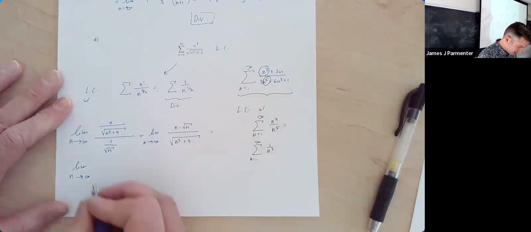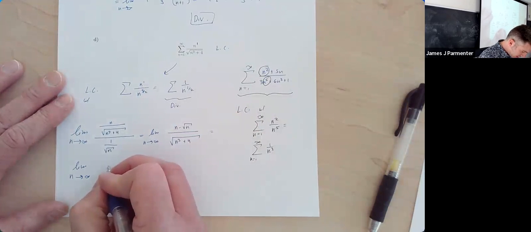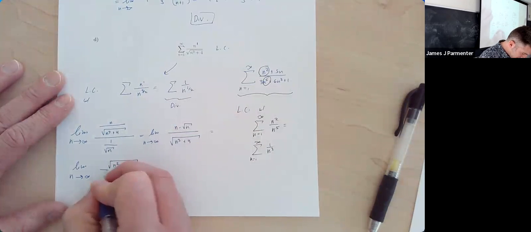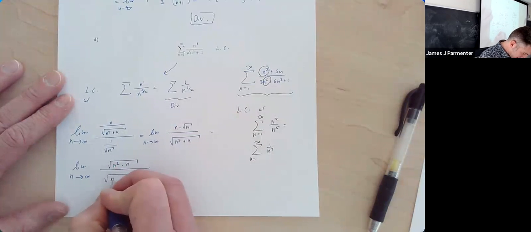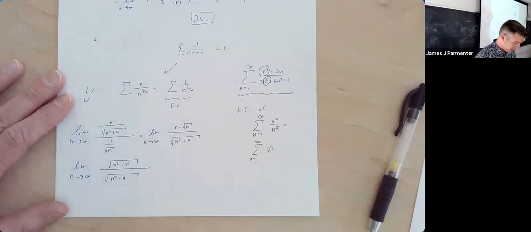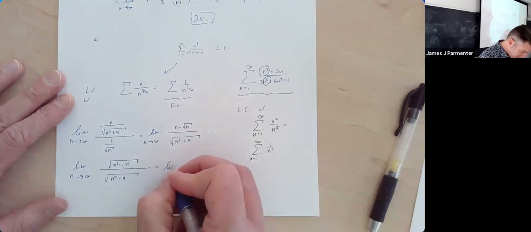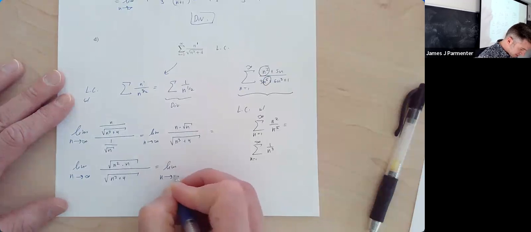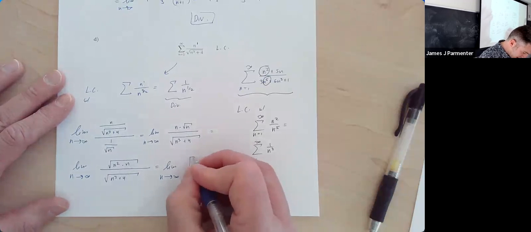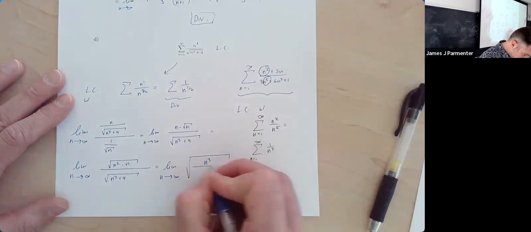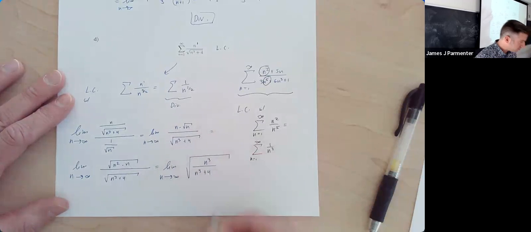I would write this as the limit as n goes to infinity of the square root of n squared times n over the square root of n cubed plus 4. Because now I can combine that into one big square root and say it's the limit as n goes to infinity of the square root of n cubed over n cubed plus 4.